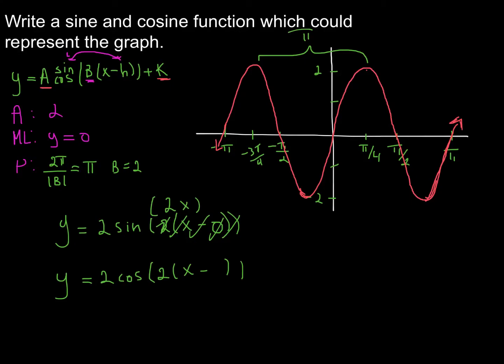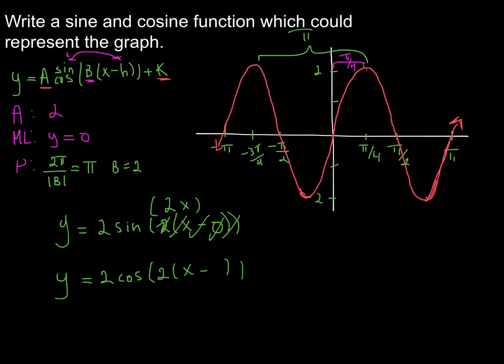For cosine, right, the origin would need to be on the maximum point, and then it will decrease. So the problem is the maximum is not occurring at the origin. The maximum occurs pi over 4 units to the right. So this distance here is pi over 4.